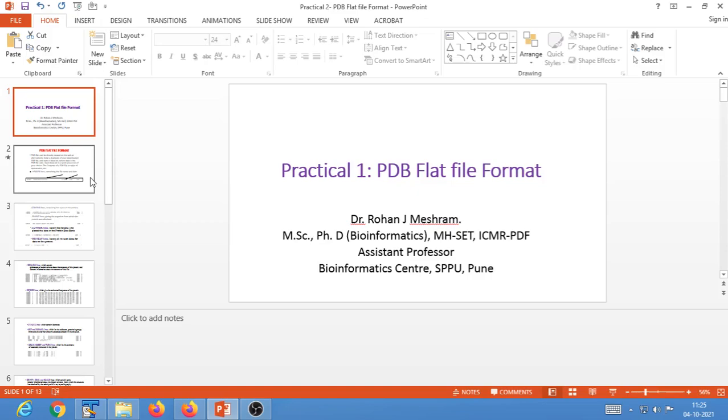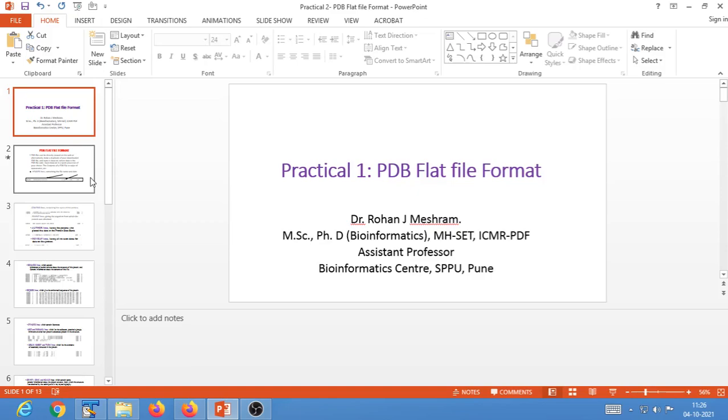This is very important for you to understand, because it might happen in your subsequent career that you want to change something in your PDB file, and in that case it would become very handy if you know what things in your PDB file need to be changed, where exactly to locate that data and how to make those changes, so as to make the protein model as you want to work with.